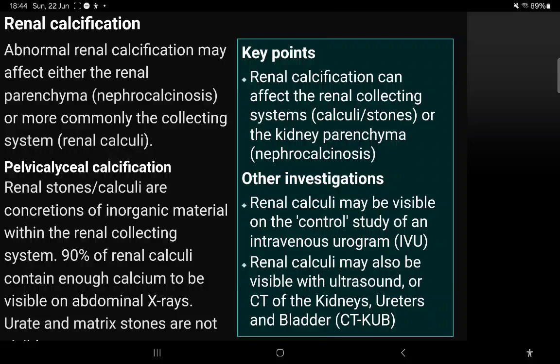Either cortical nephrocalcinosis or medullary nephrocalcinosis. Again, abnormal renal calcification may affect either the renal parenchyma, then we call it nephrocalcinosis, or more commonly the collecting system, then it's called renal calculi.